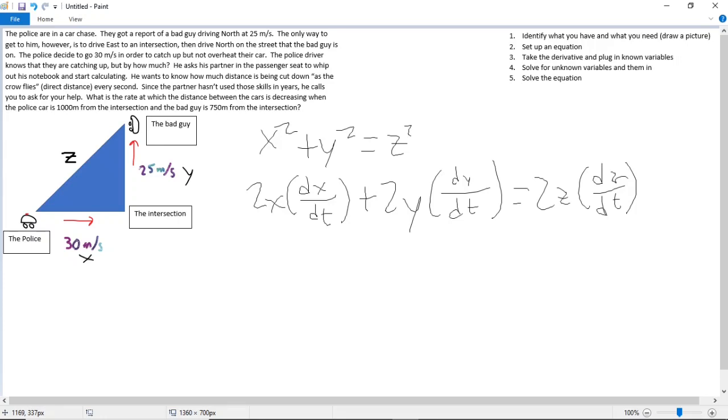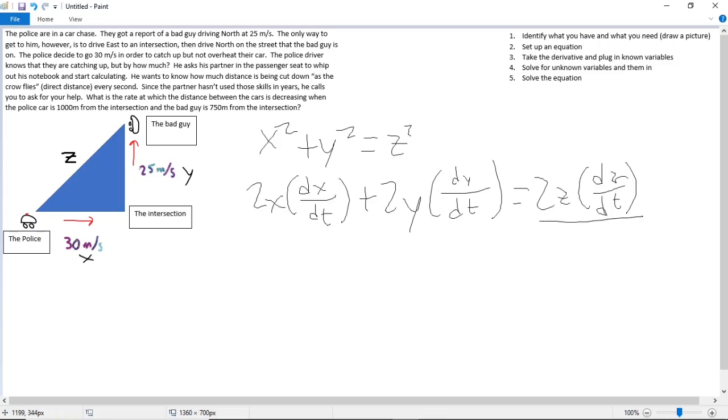Now we got to plug in the known variables. Well, before we plug in the known variables, we need to set up so that we're solving for what we want to solve for. We want to find the rate at which z is changing, so that would be dz over dt, because that's the change in z over the change in time.